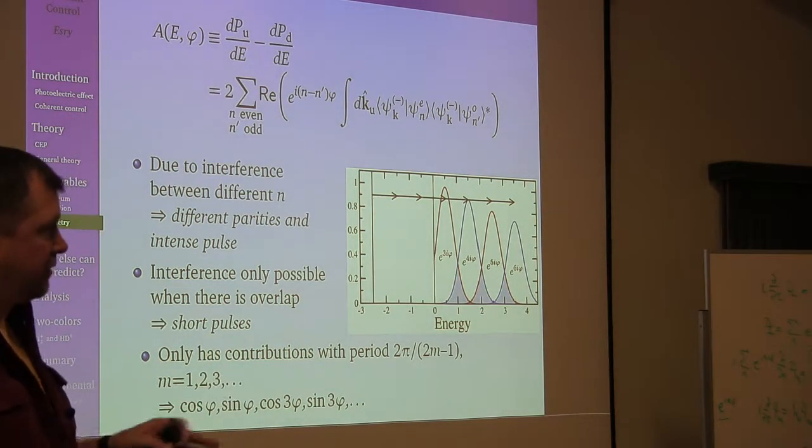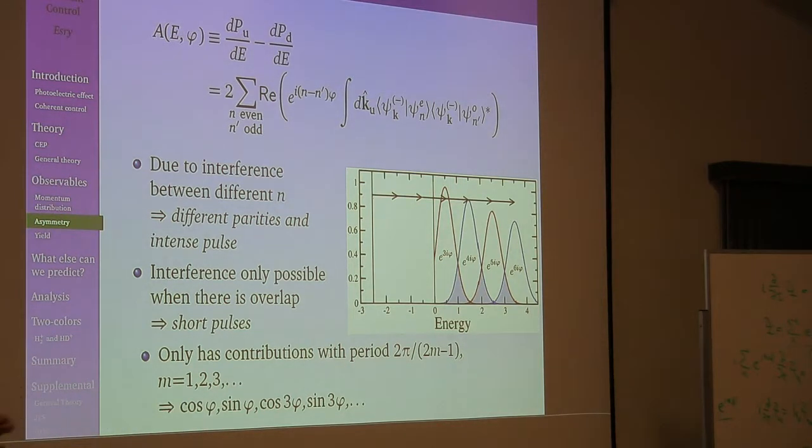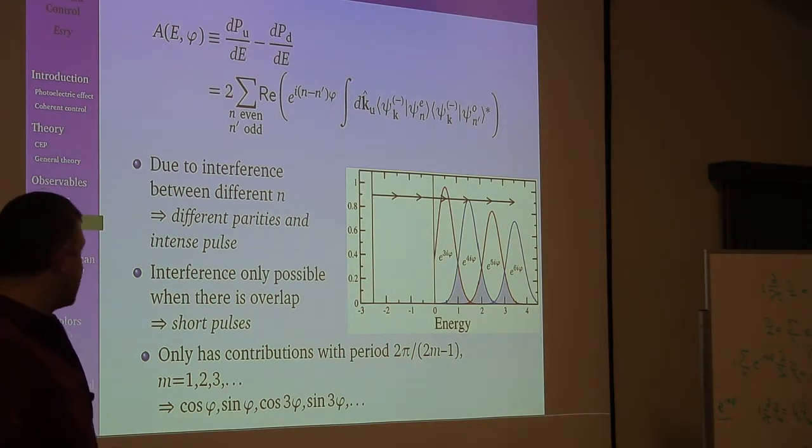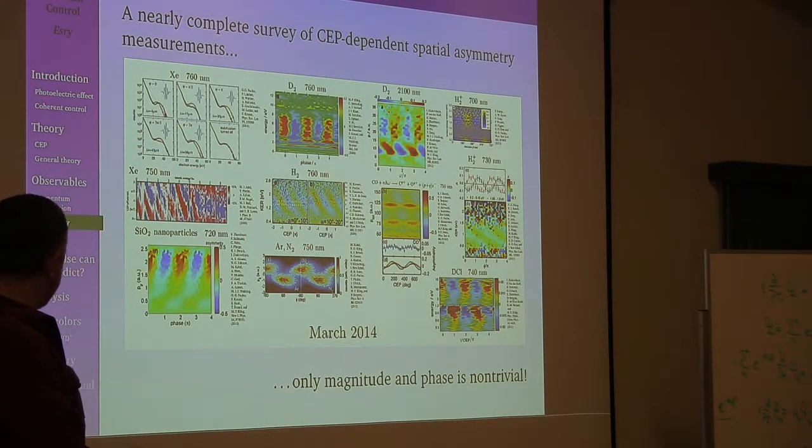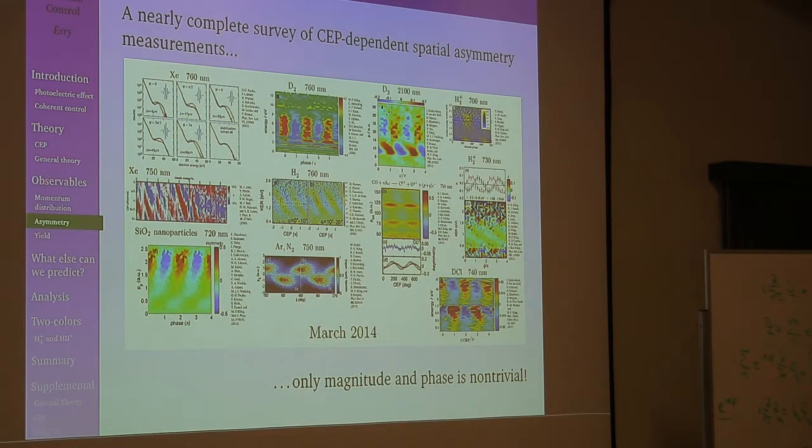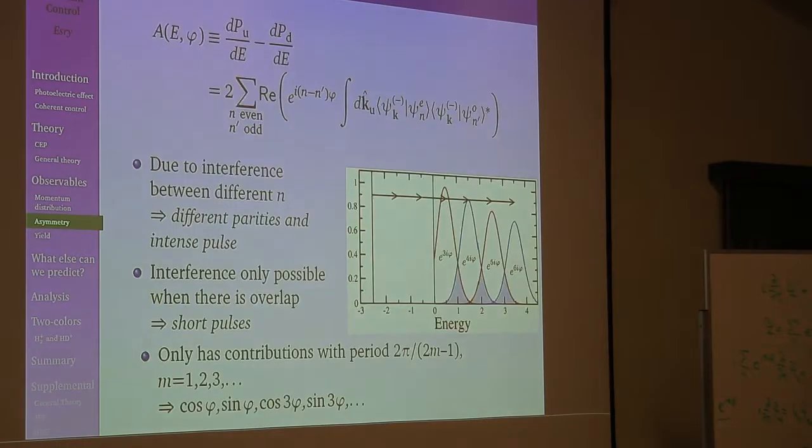You have to get that. There's no choice. So getting the right periodicity says nothing about your model except that you mix two parities. If you really want to test it, what you need to get right is the magnitude and phase of the CE phase dependence. What does that mean? That means getting these right.